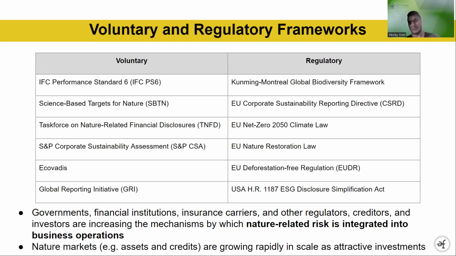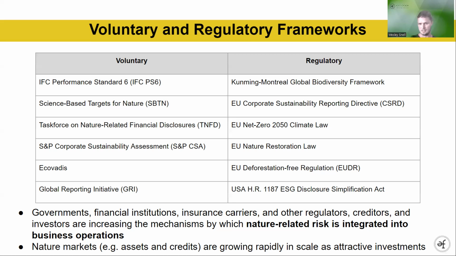And then on the regulatory or let's say the bilateral, multilateral, and legal side, we have from last year, the Kunming-Montreal Global Biodiversity Framework, as well as required disclosures under the EU's Corporate Sustainability Reporting Directive, the Net Zero Climate Law, Nature Restoration Law, the EU Deforestation Free Regulation.